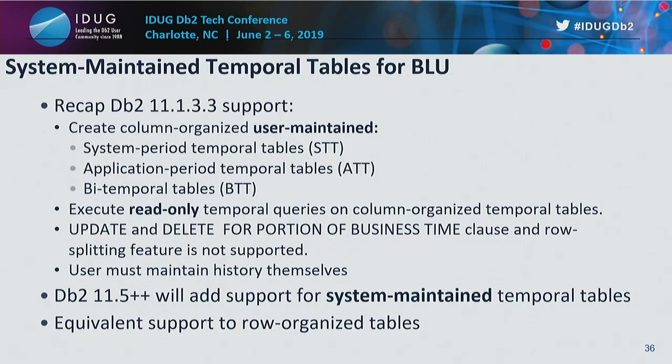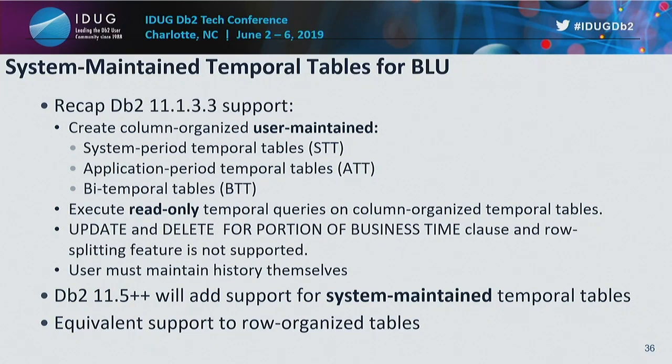Just to recap, as of 11.1 mod 3, support was provided for user-maintained temporal tables for column organized tables. What this means is that the temporal type of queries could be run against temporal data in a column organized table, but the actual maintenance of the temporal information had to be done by the user.